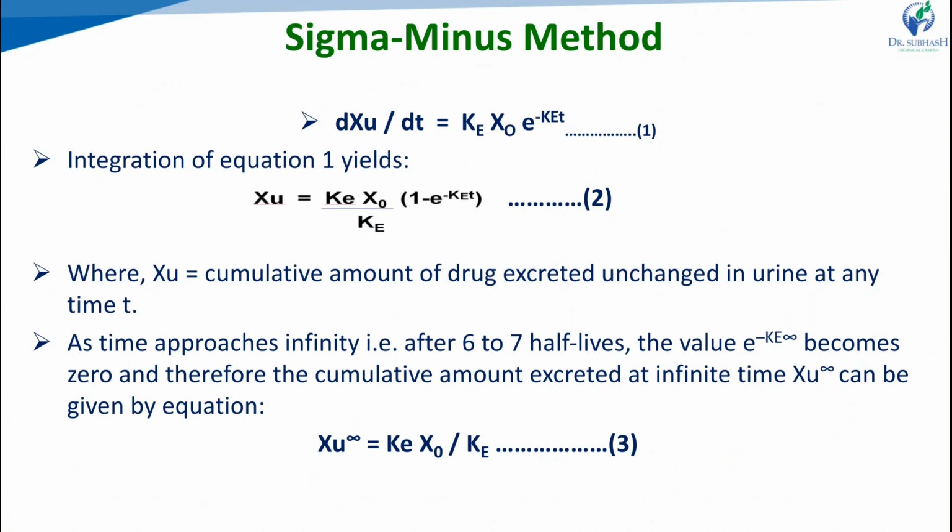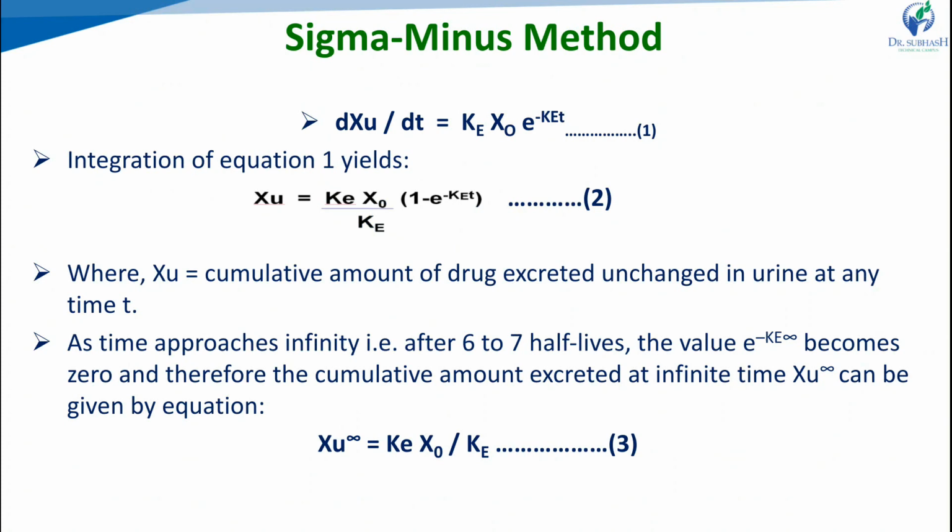From the earlier equation, dXu/dt = Ke X0 e raised to minus Ket. The integration of that equation gives Xu = Ke X0 upon Ke times (1 minus e raised to minus Ket). Xu represents the cumulative amount of drug excreted unchanged in the urine at any time t.